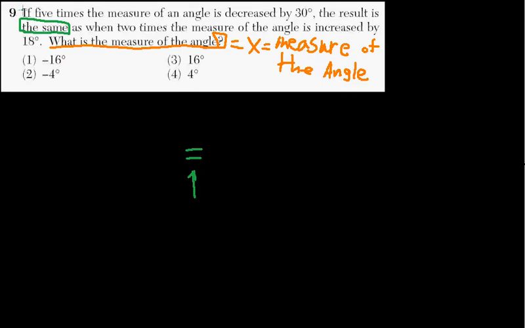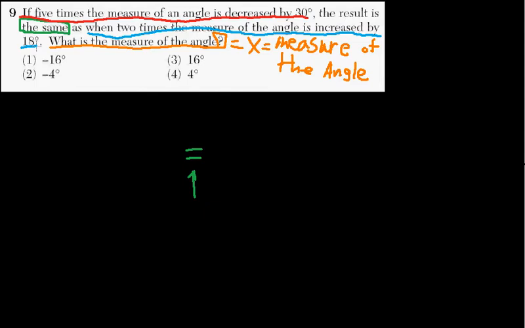So whatever is in this first part of the problem, if 5 times the measure of an angle is decreased by 30, the result is the same as, and then whatever comes after that, I'll put that in blue, when 2 times the measure of the angle is increased by 18 degrees. Okay?